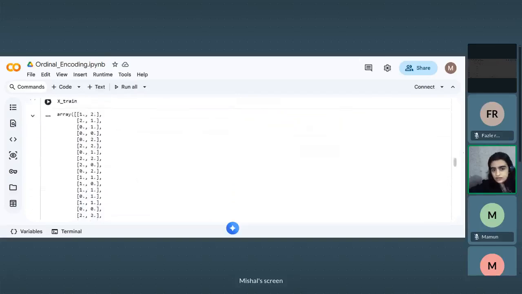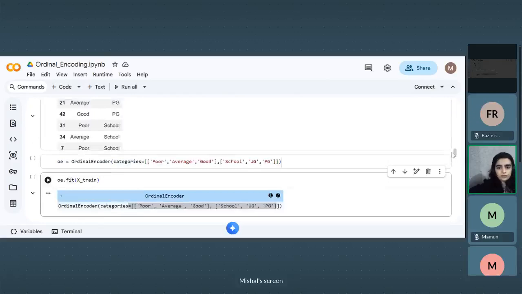This one is the review column, this one is the education column. Here we have 0, 1, 2: 0 for school, 1 for UG, and then PG. And the same goes for review: poor, average, good. We have 0, 1, 2 like this.